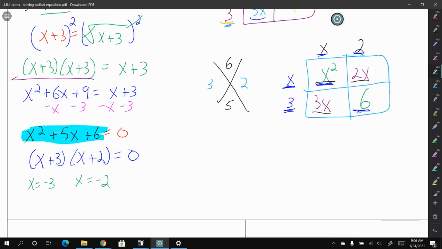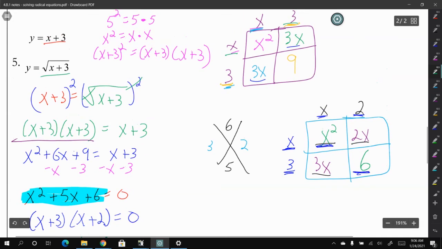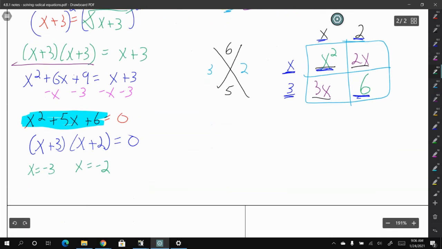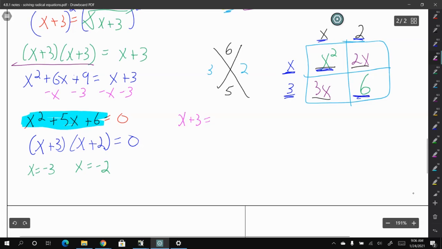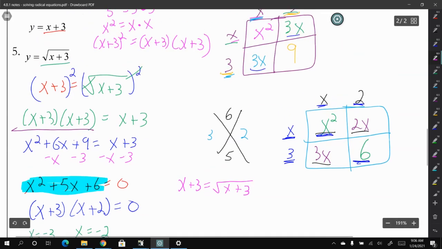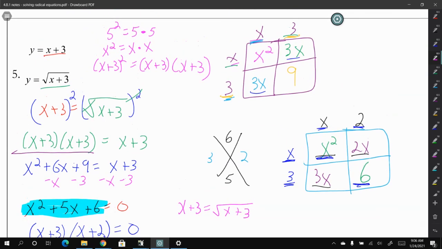So we're going to take both of those and plug them into our original function. Remember, our original function is x plus 3 equals the square root of x plus 3. So we're going to plug in both answers.